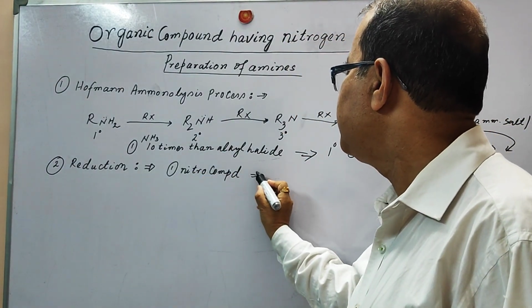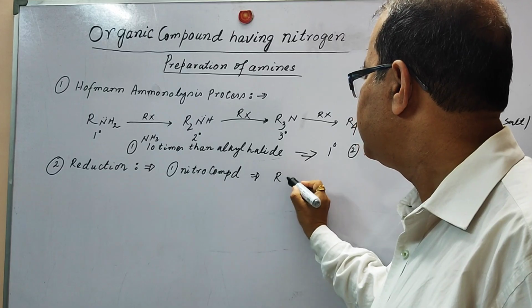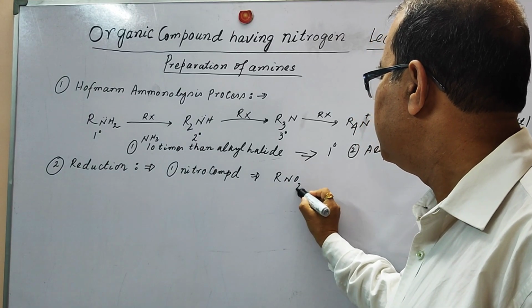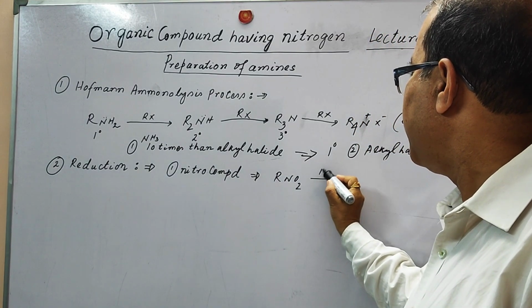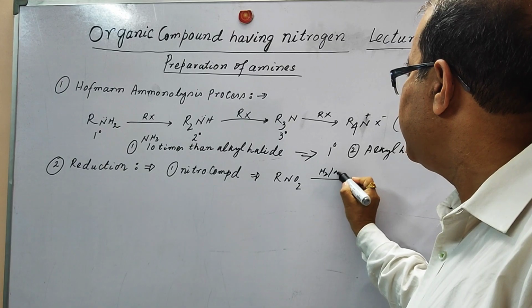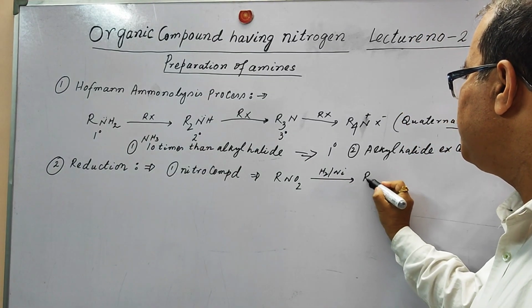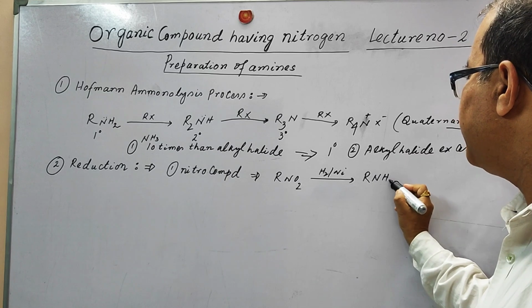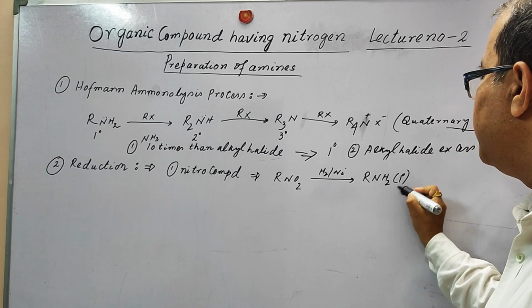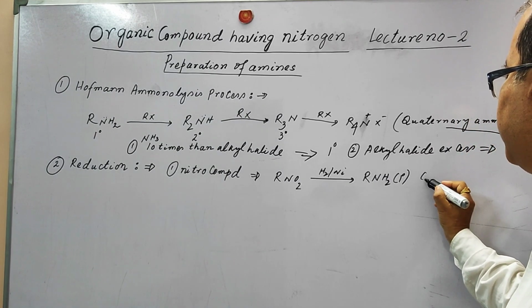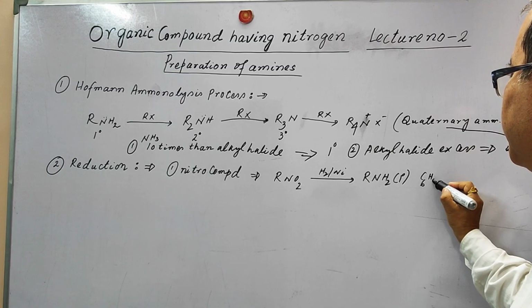The example is a nitroalkane. When we use hydrogen with a nickel catalyst, it is going to produce the 1 degree amine. In a similar way we can use nitrobenzene.